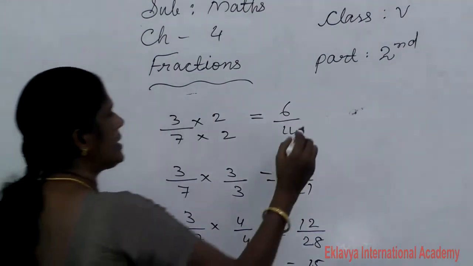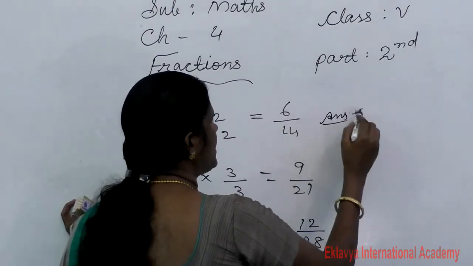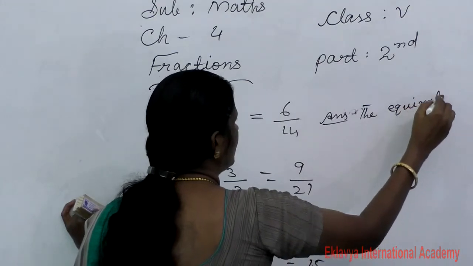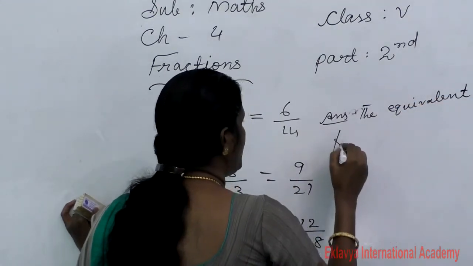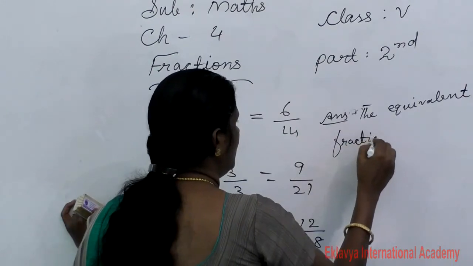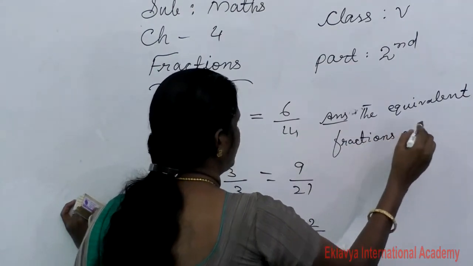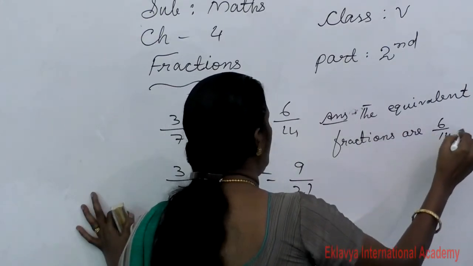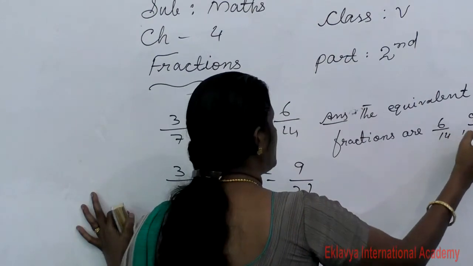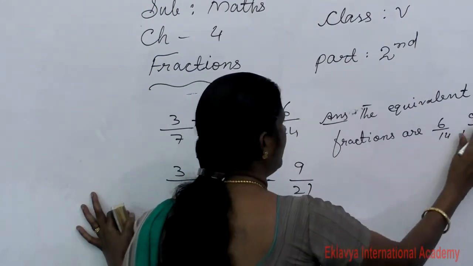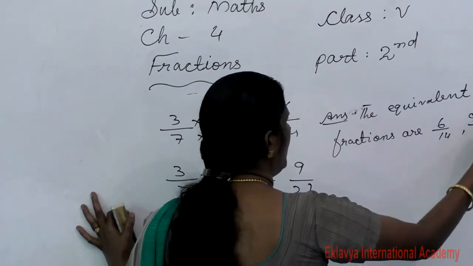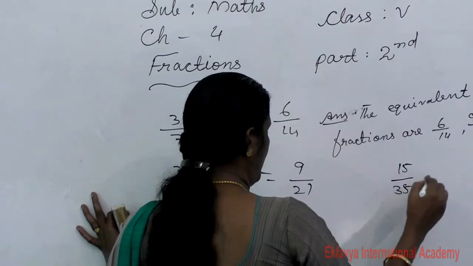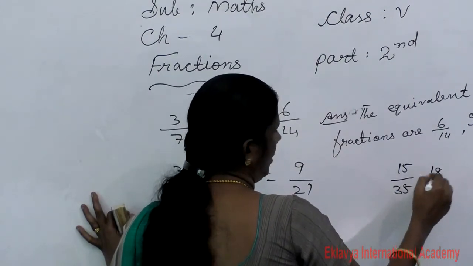Then the final answer: the equivalent fractions are 6 by 14, 9 by 21, 12 by 28, 15 by 35 and 18 by 42.